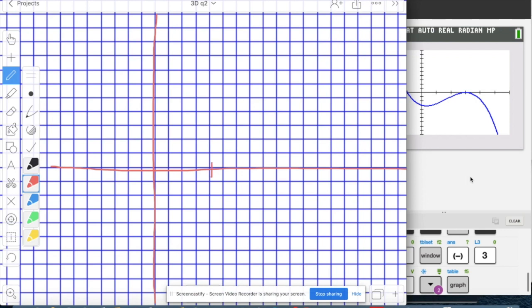So the x scale is going to look something like this, every 4 lines. I think I'm supposed to start at negative 3. I didn't go far enough down. And then the y scale is every centimeter.